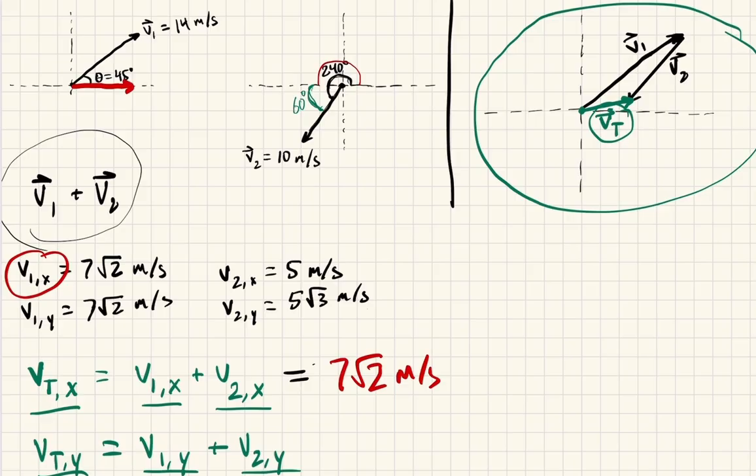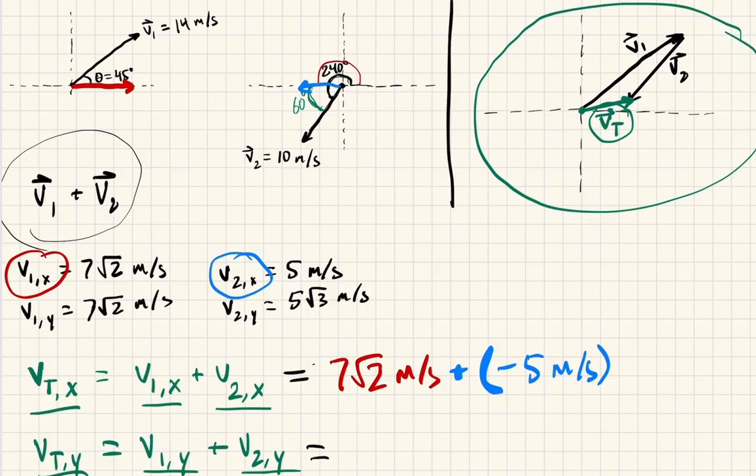Okay. Now, vector 2's x component is 5 meters per second. And that is this vector right here. But you'll notice here that it actually points to the left, okay? And so now, because it's not just pointing in the positive direction, we have to consider direction, okay? And so here, although we're still adding vectors, we have to turn this into a negative 5 because it's pointing in the negative direction, okay?